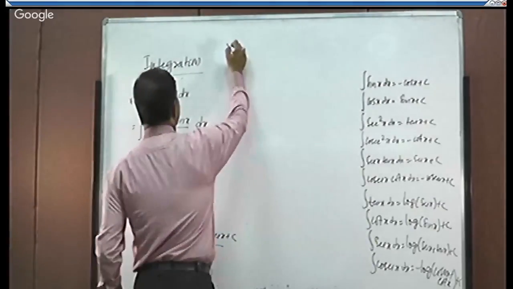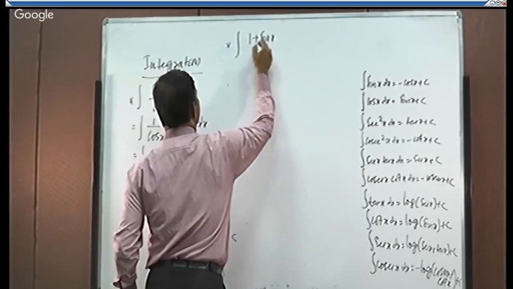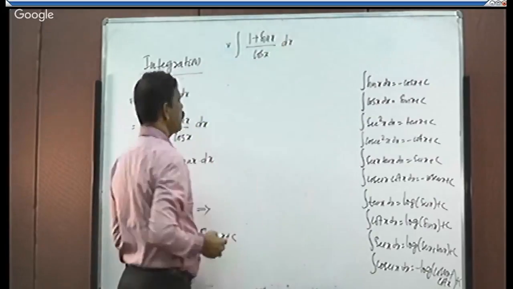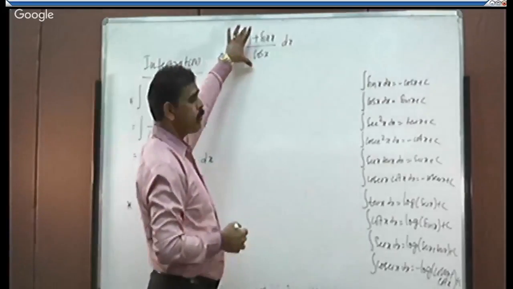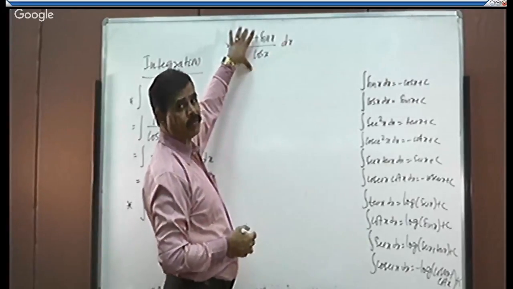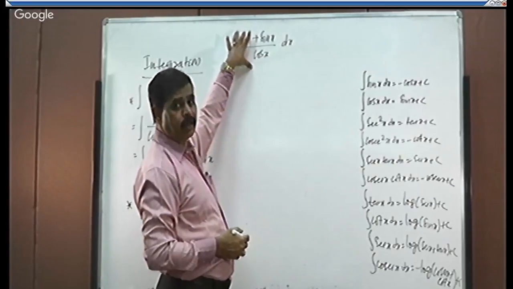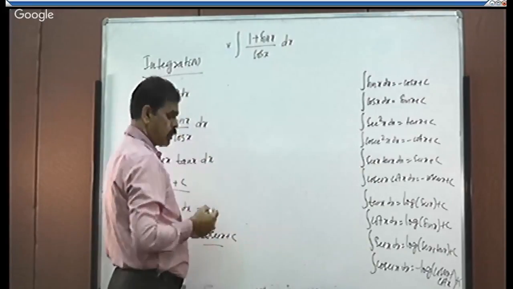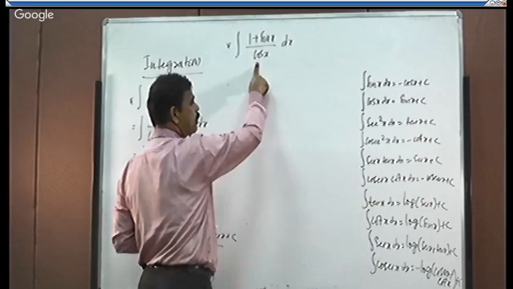Okay. Next problem, integration of 1 plus sin x divided by cos x. It is of quotient form, right? We don't have a quotient rule equivalent to differentiation. Then we need to simplify this into integrable form. We have two terms at the numerator, one term at the denominator.